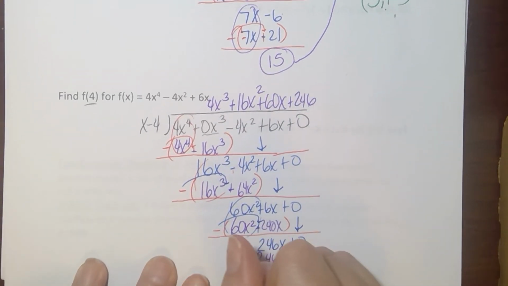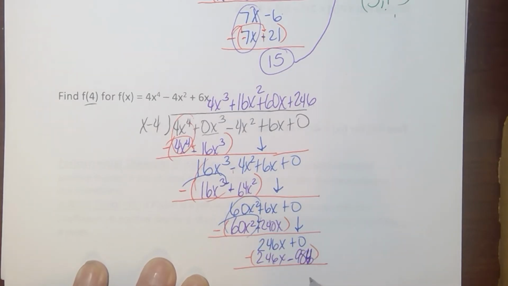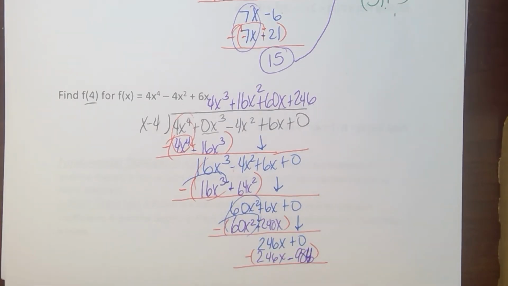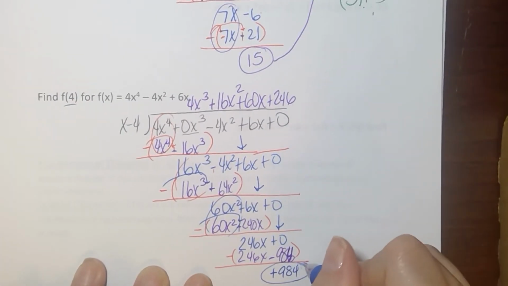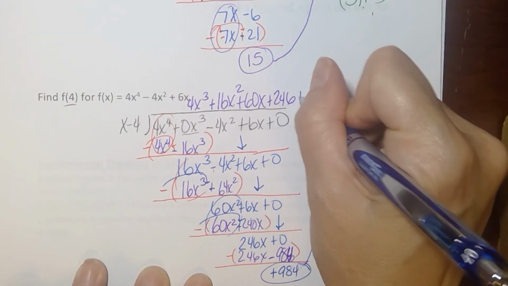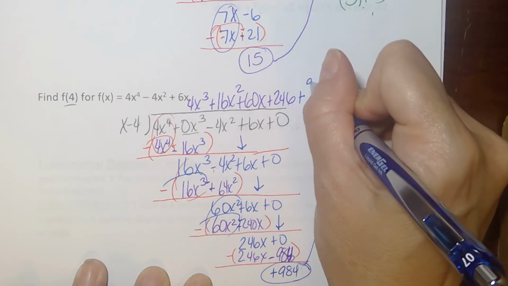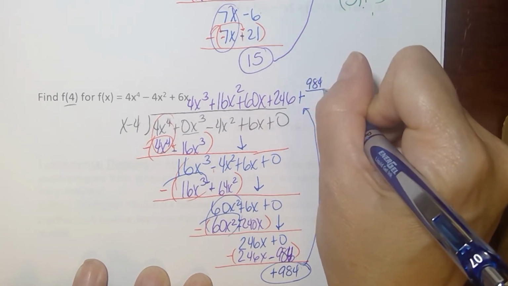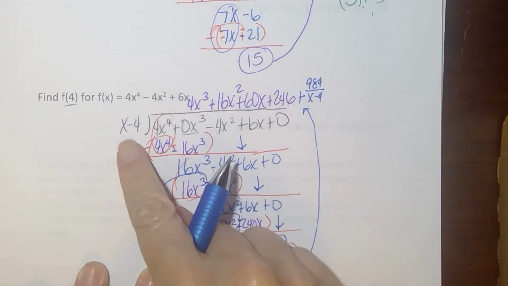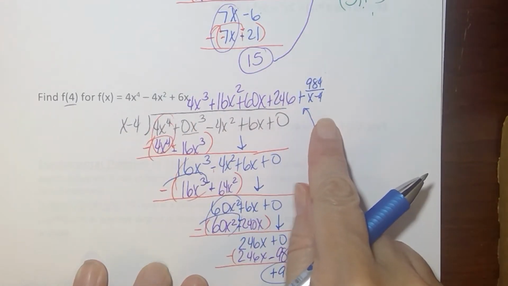All right, subtract one last time. It changes the signs. So my remainder ends up being a positive 984. I bring that value up and put it at the end of my quotient line. So I have plus 984 divided by my divisor, x minus 4.